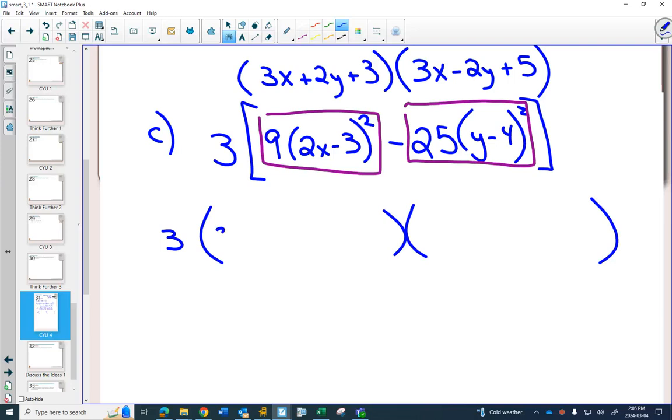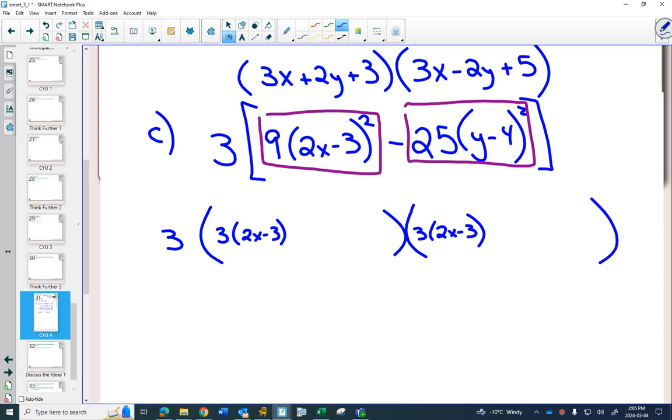first one, if I square root it, right? Because if I multiply 3 times 3, I would get 9, and 2x minus 3 times 2x minus 3 would give me 2x minus 3 squared.